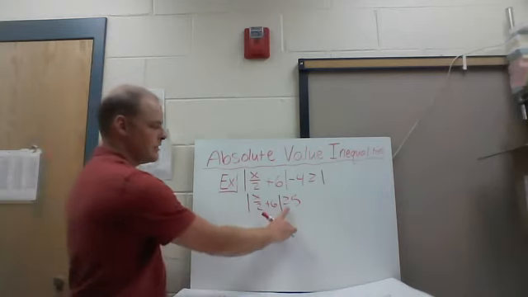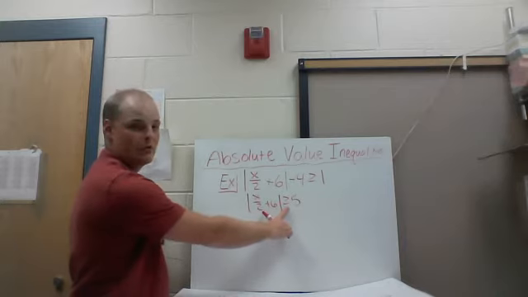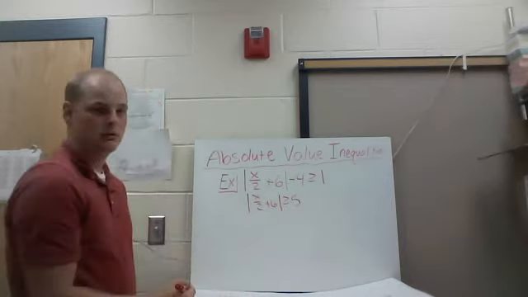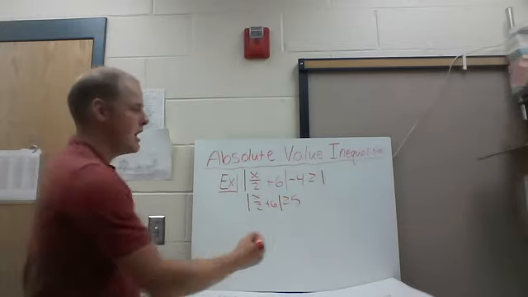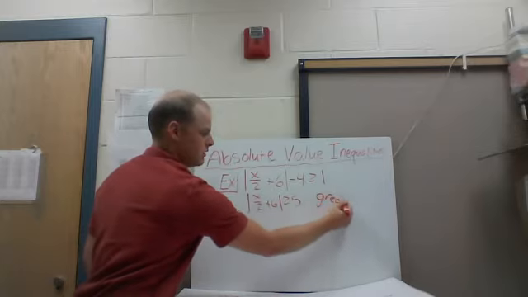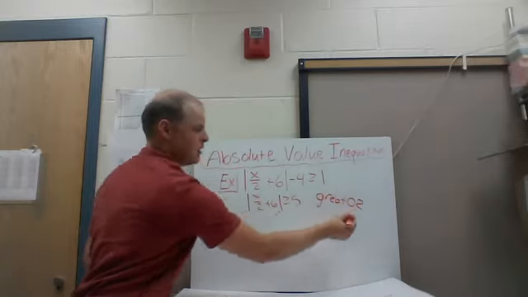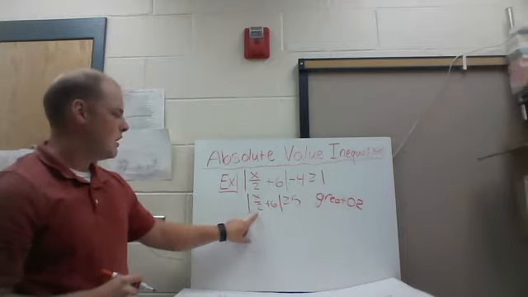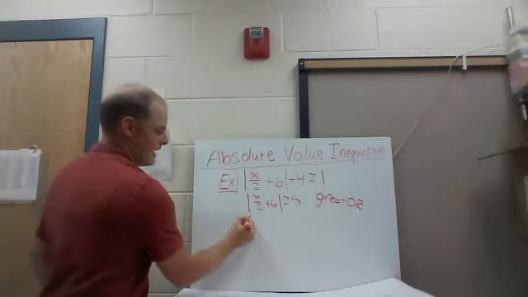So this inequality sign will tell you if it's an and statement or an or statement. This is a greater than. Okay? So the way that I remember it is greater. Greater than.